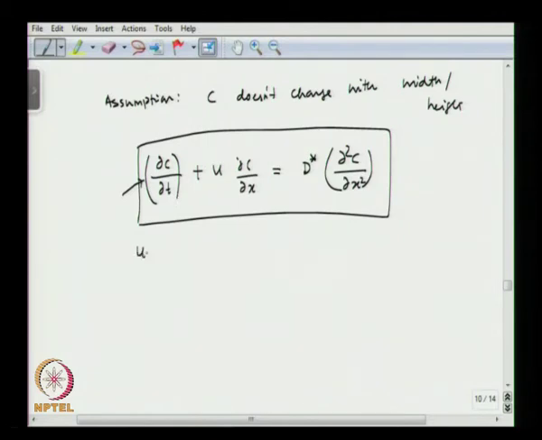Here u is the flow velocity and T is the switching period, so the segment length of one segment is going to be u into T.